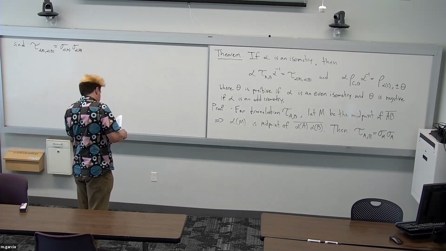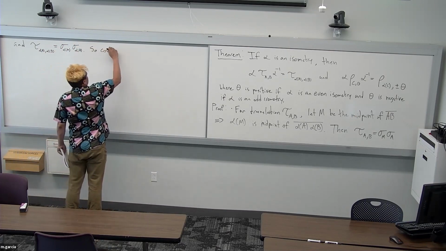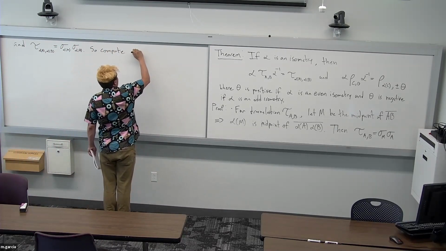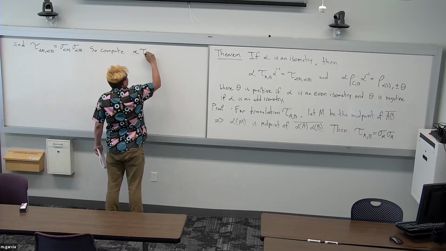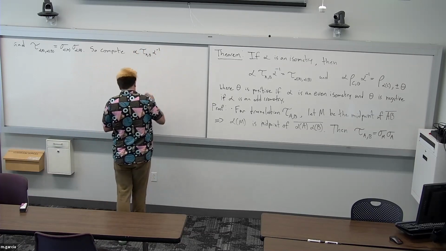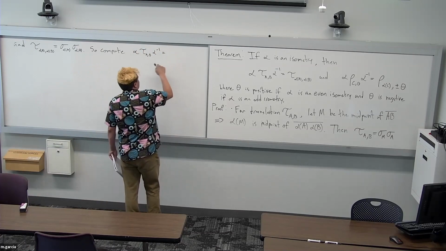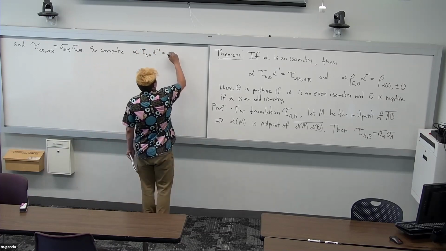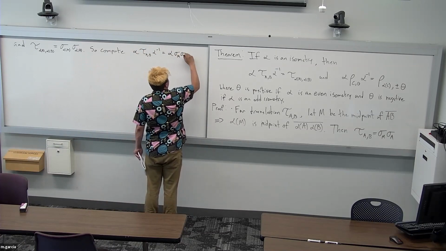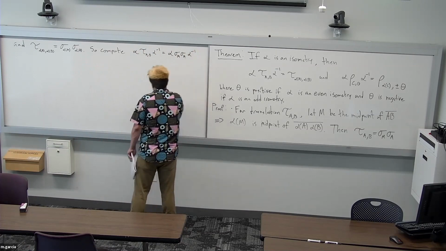So, now let's compute alpha tau sub A comma B, alpha inverse. Well, first, we'll just express this as the product of two half turns: alpha sigma sub M, sigma sub A, alpha inverse.